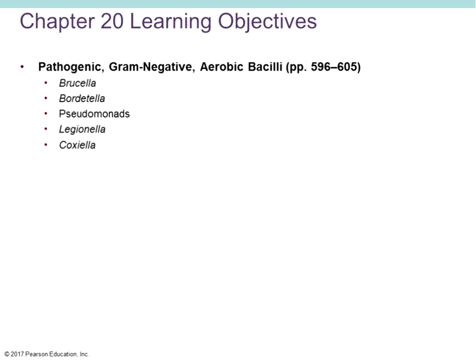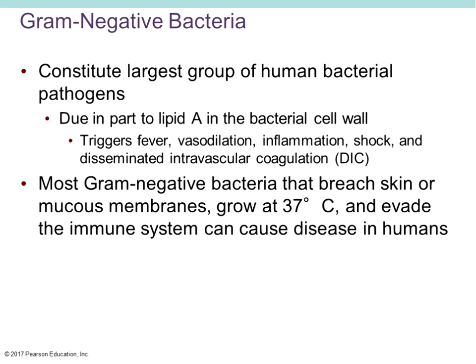We will talk about some aerobic bacilli: Brucella, Bordetella, Pseudomonas, Legionella, and Coxiella. Once again, it's the same format as we had in chapter 19: structure, physiology, pathophysiology, disease and treatment, and so forth. So without further ado, let's go ahead and dive right in.